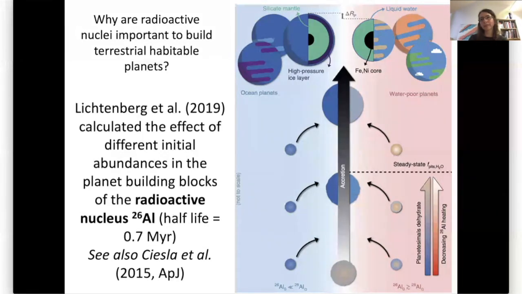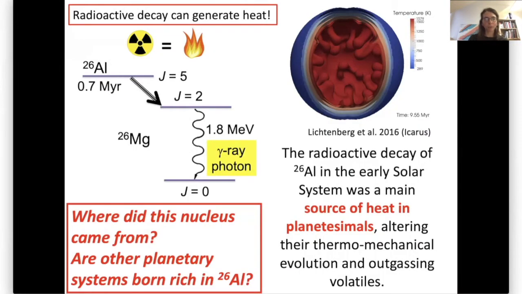And I want to explain in a little more detail why this heating effect happened from the nuclear point of view. So how is aluminum-26 producing heat? On the left side of this slide, you can see a very simple nuclear structure of what happens when aluminum-26 decays. So it decays into magnesium-26.